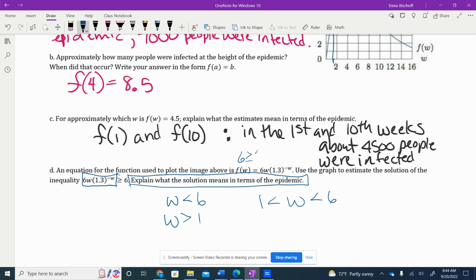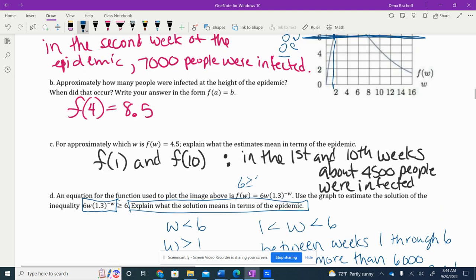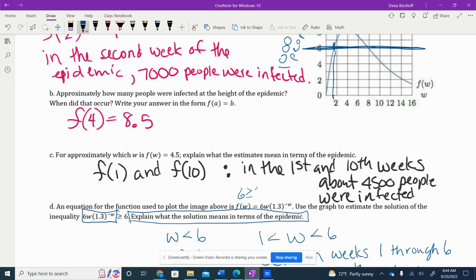It means that between weeks 1 through 6, more than 6,000 people were infected. Notice that I didn't use 1 is less than or equal to W is less than or equal to 6, because at week 1 it's 4,500, but right after that it goes up, right?